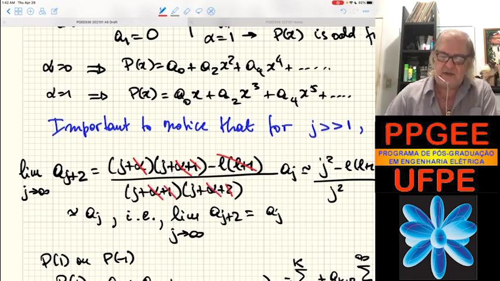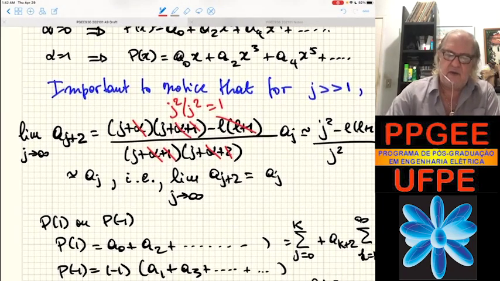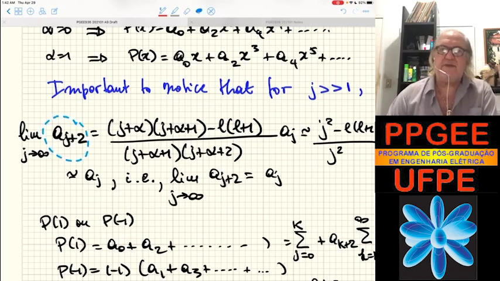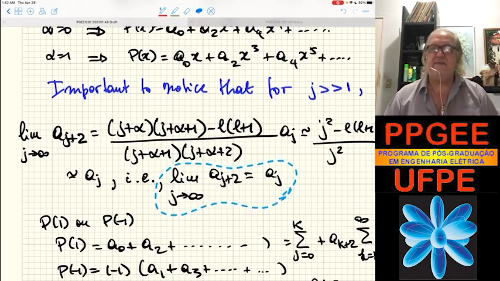So you're going to have j squared divided by j squared, which equals 1, right? So you see that in this case, a_{j+2} for large j is approximately equal to a_j. So for j very large, a_{j+2} becomes the same as a_j. The ratio is 1, right?